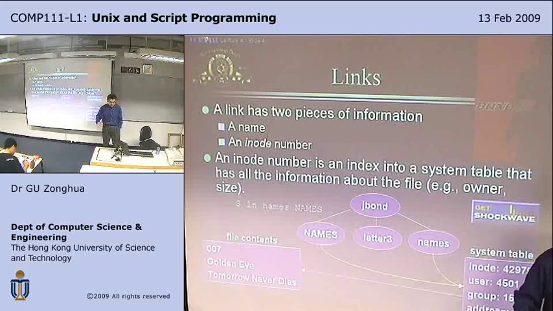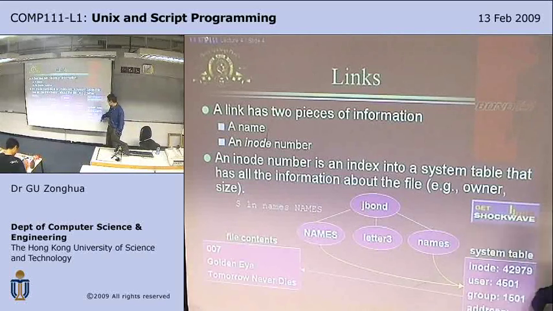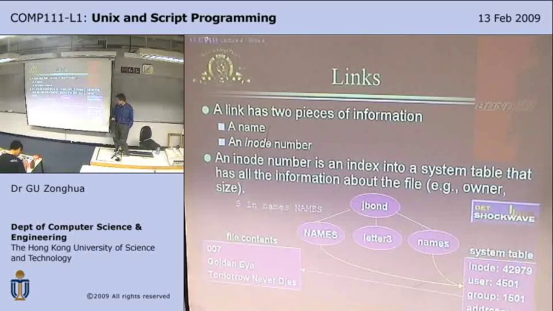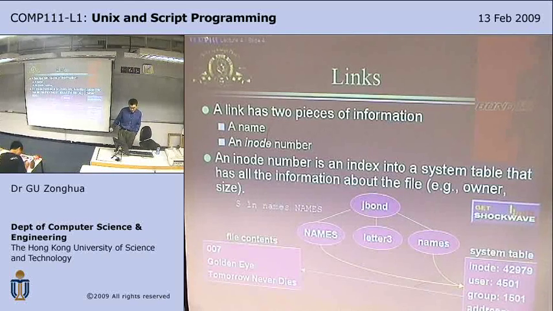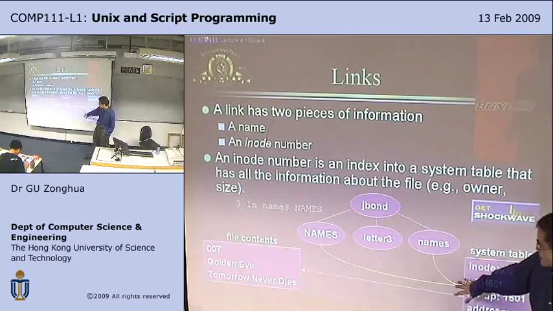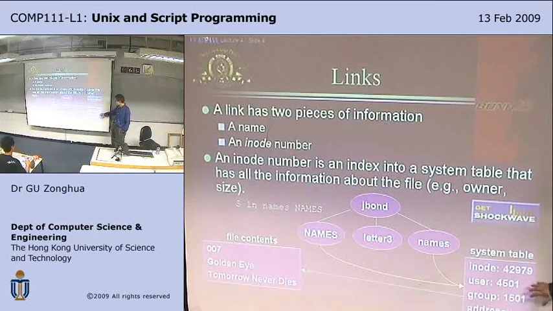In the actual underlying system, what you really have is this system table with this inode number, which is its address, and the user ID, which is the internal ID for the user, group ID, and finally the physical address, which points to the actual file. So the inode ID lets you find this particular file's information in the system table.